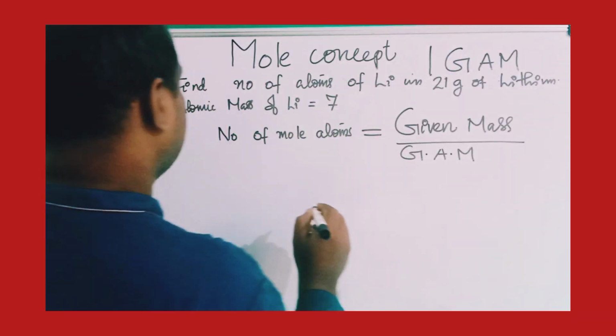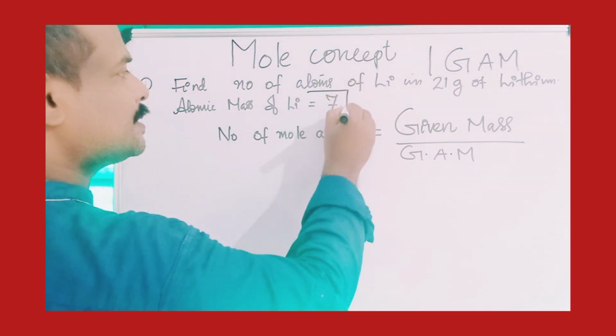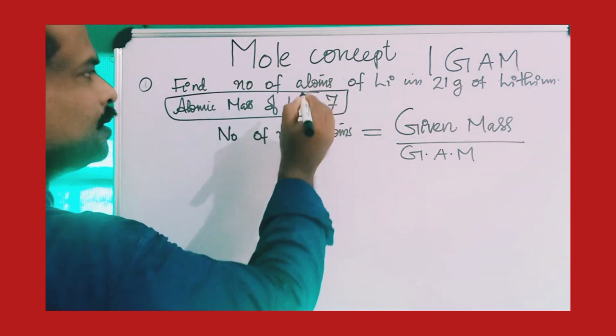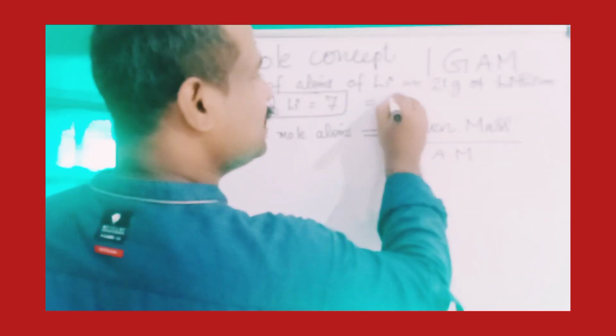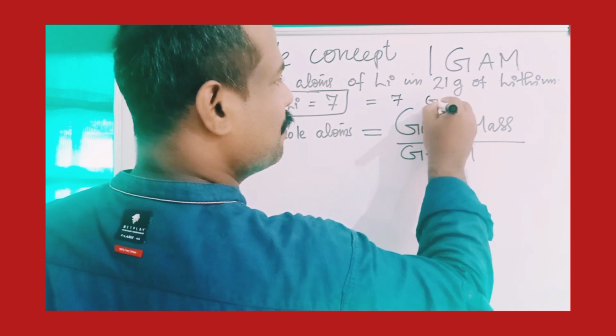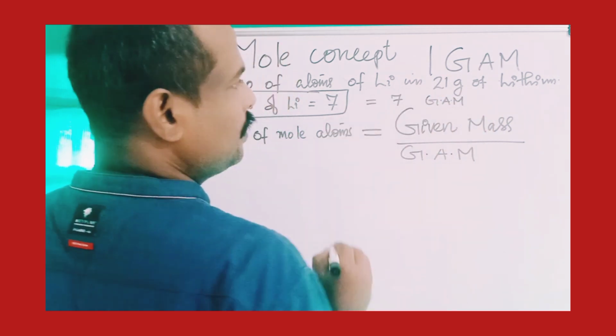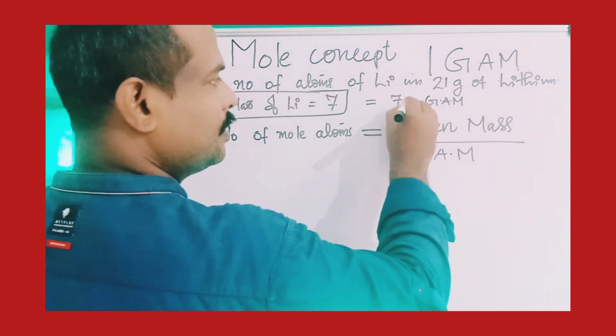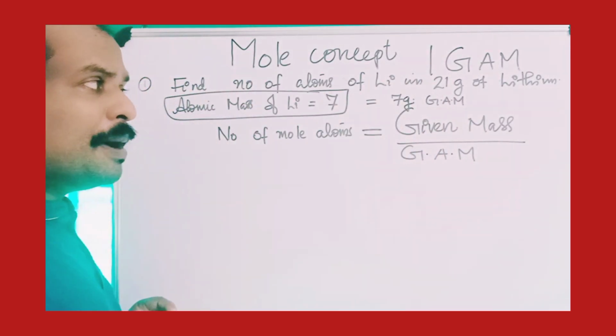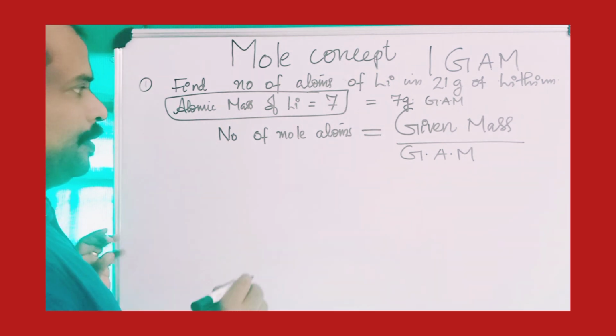We know the atomic mass of lithium is 7, so 7 gram is the gram atomic mass of lithium.